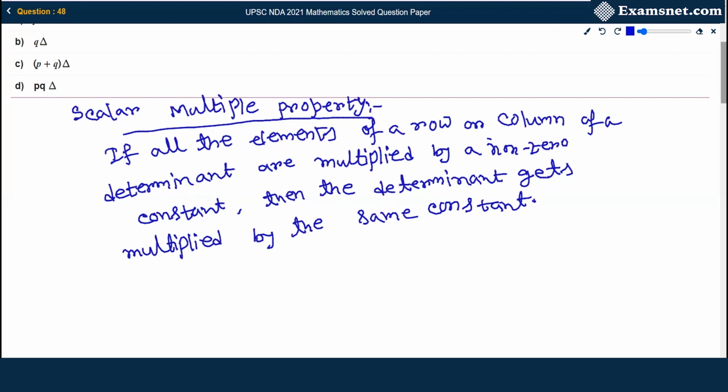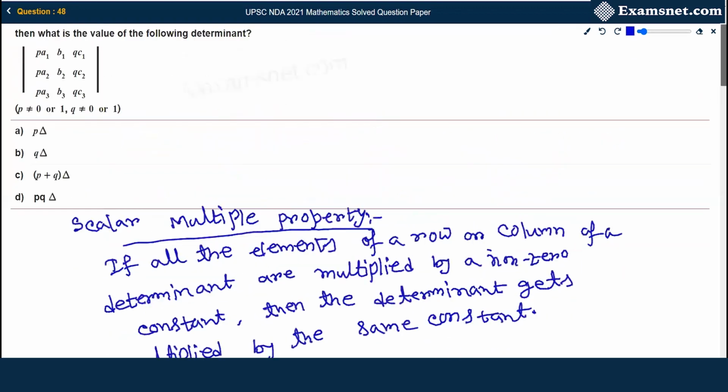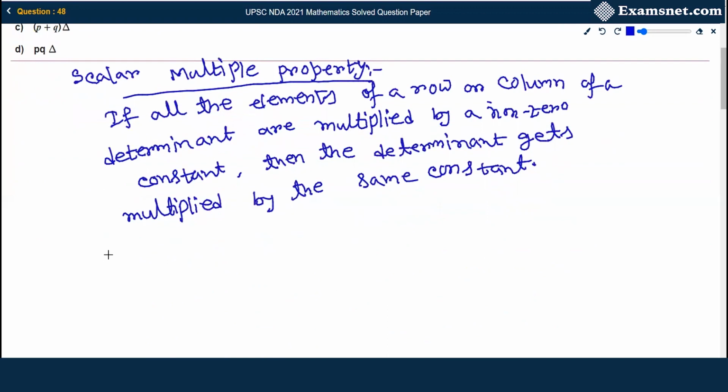Now let's look at the given determinant. So here, let me write it: A1, C2, 3B3, C3, right?